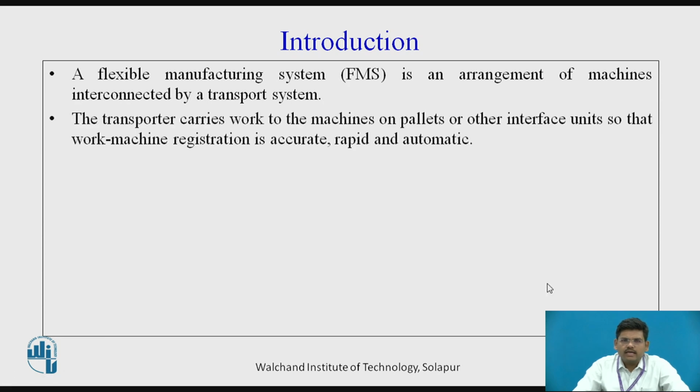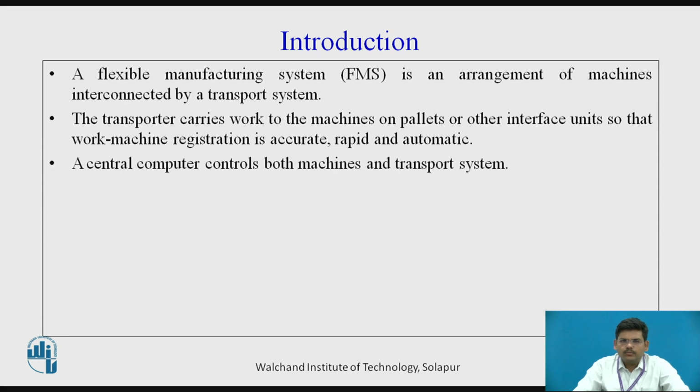The transfer carrier works with the machines or pallets or other interface units so that work machine registration is accurately done, is rapid and automatic. So as far as transportation of jobs or workpieces is concerned, manual intervention is reduced to a greater extent.